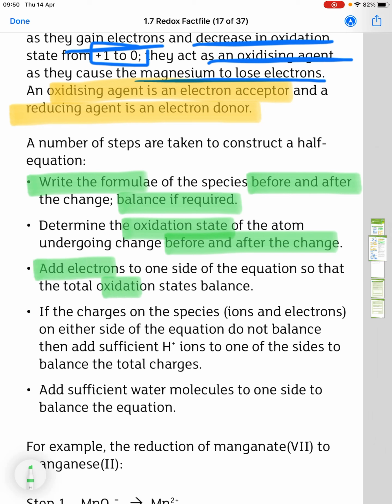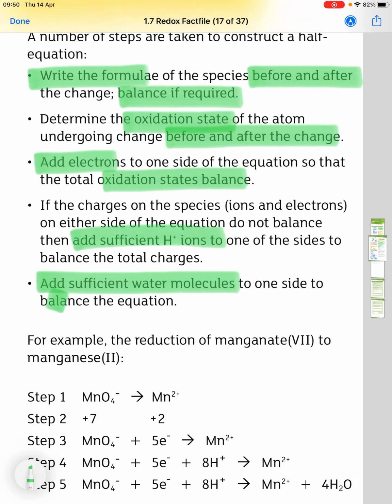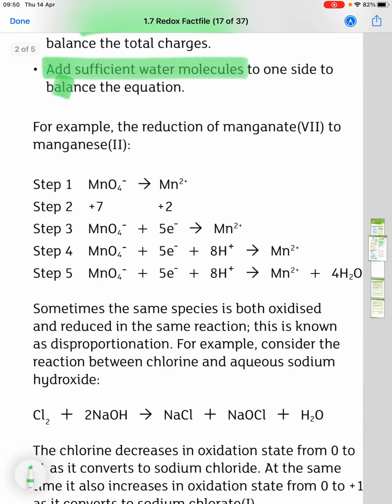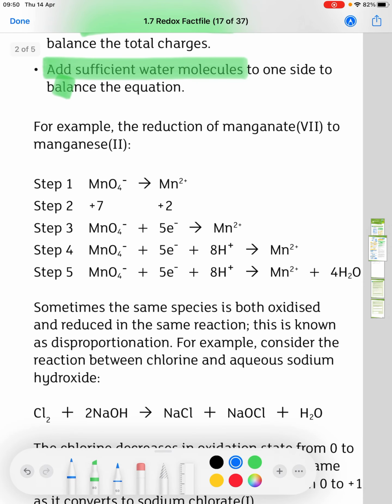You're going to add electrons to the side so that the oxidation states balance, and if the charges on the species on either side of the equation do not balance, then you're going to add hydrogen ions to one of the sides to balance the total charges. And then the next thing, to balance up those hydrogen ions that you've added, you're going to add water molecules to balance the equation. The easiest way to talk about that is with an example.